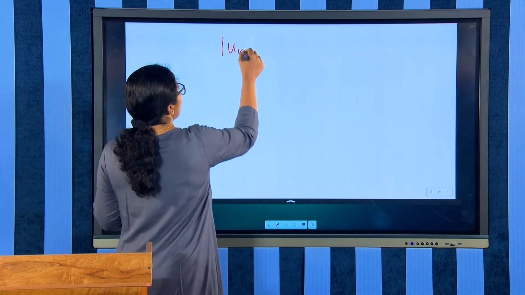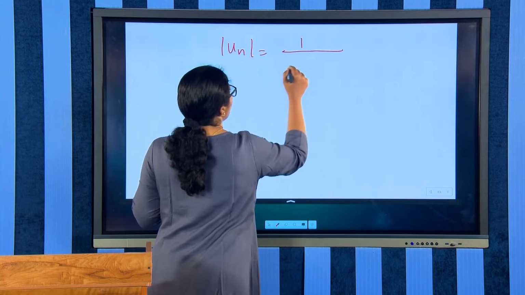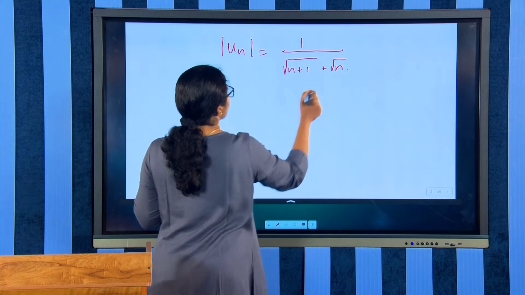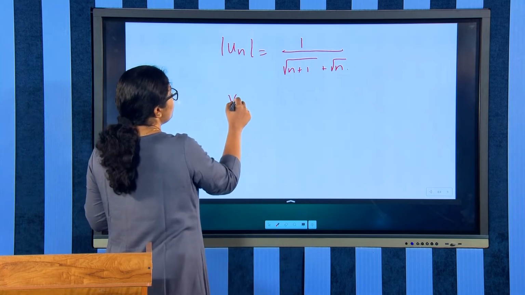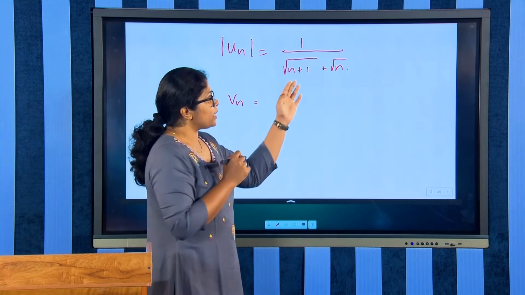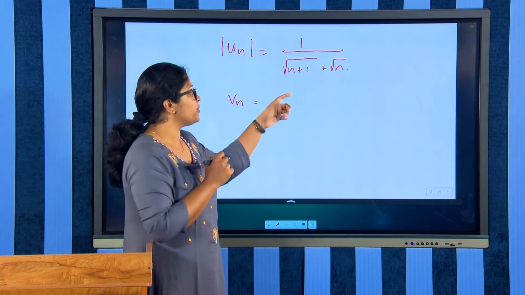So, modulus of un is 1 upon root of n plus 1 plus root n. Therefore, we can take Vn to be... the direct comparison test is much more difficult here.